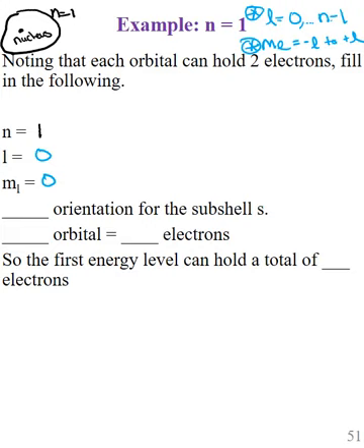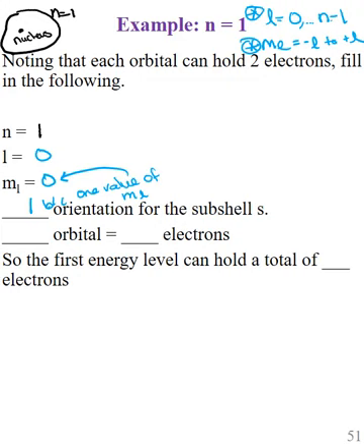Now how many orientations of the subshell S could I have? Because I only have one value of M sub L, I can only have one orientation.